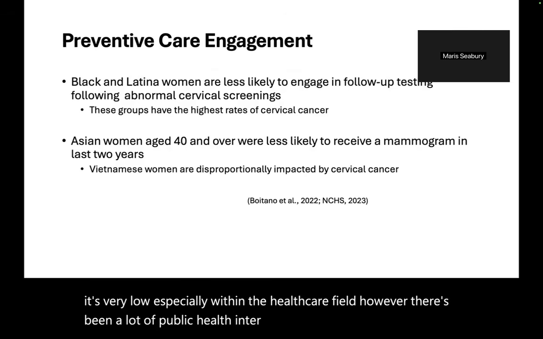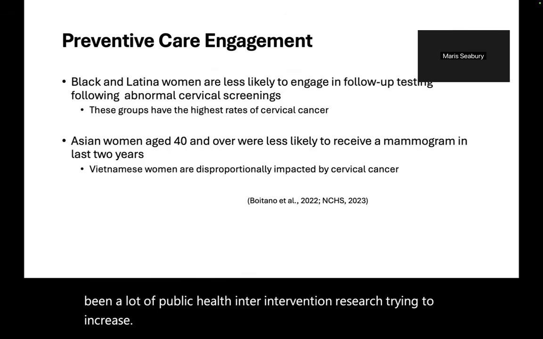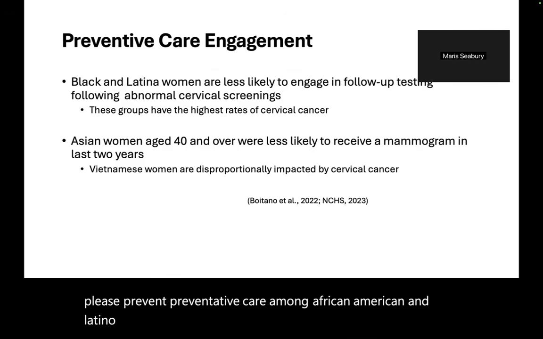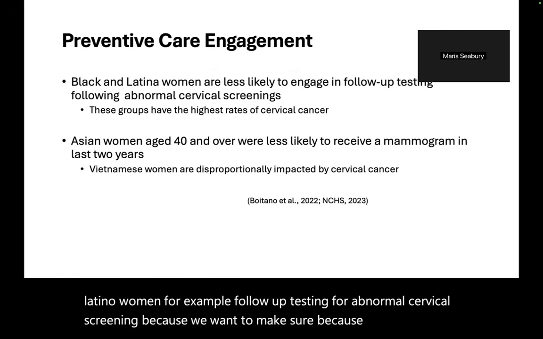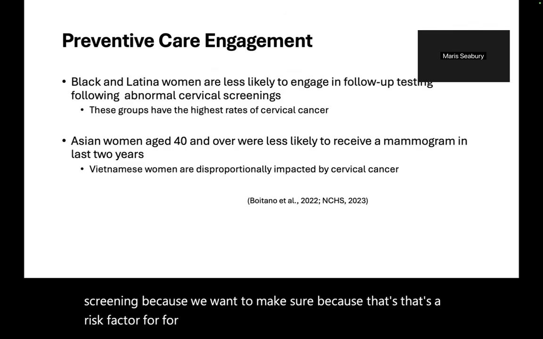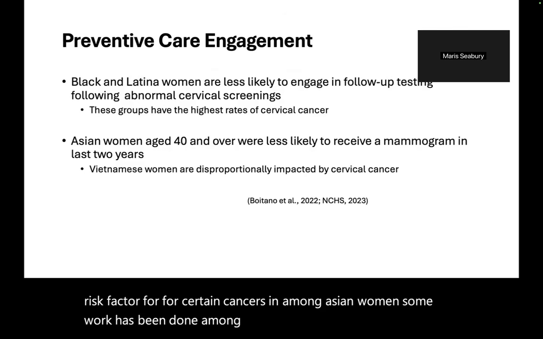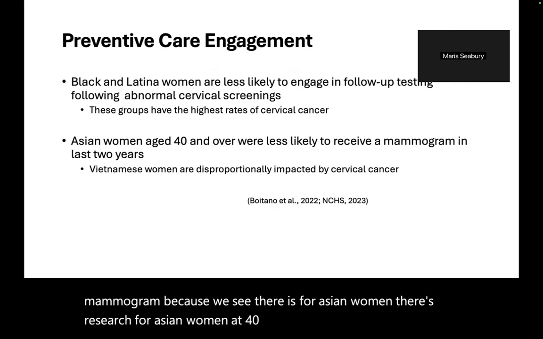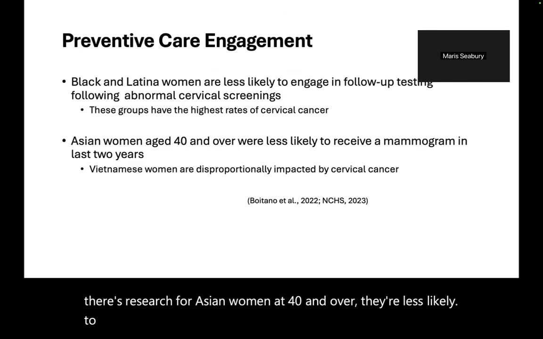However, there's been a lot of public health intervention research trying to increase preventative care among African American and Latina women, for example, follow-up testing for abnormal cervical screening, because that's a risk factor for certain cancers. And among Asian women, some work has been done to increase receiving mammograms, because we see that Asian women 40 and over are less likely to receive a mammogram in the last 2 years.